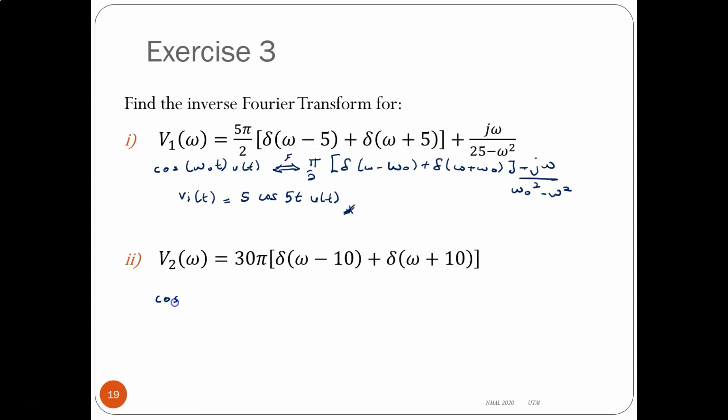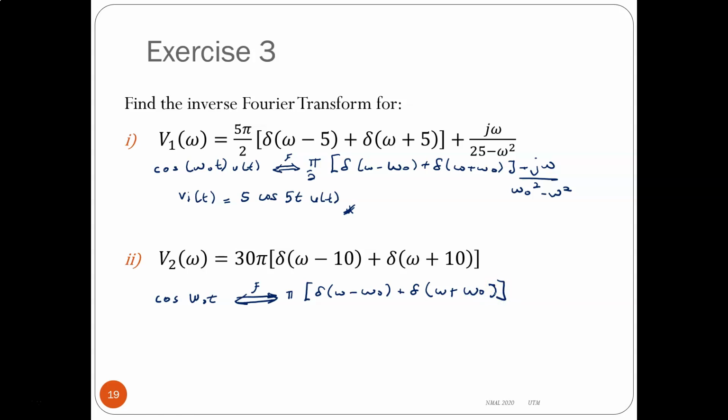the pair in the Fourier transform domain, which is cos omega naught t. The pair in the frequency domain for the transform here is pi delta omega minus omega naught plus delta omega plus omega naught.